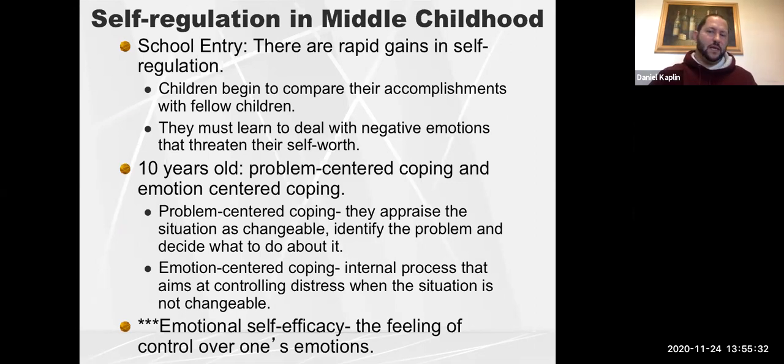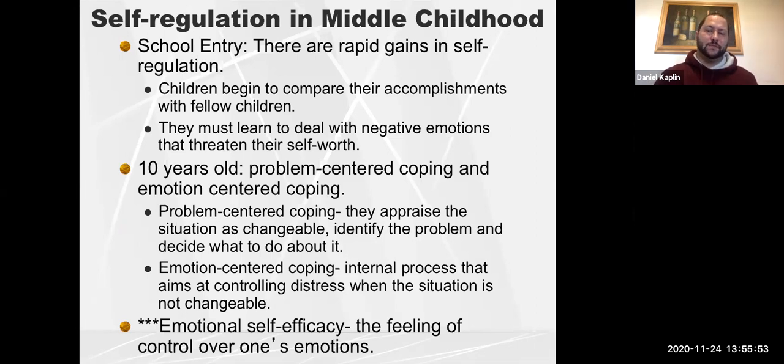So by the time they hit school age, which is 5 or 6, now they have even greater gains in self-regulation, but there are also new challenges because children start to compare their accomplishments relative to other children. So we talked about Erik Erikson and the concept of industry versus inferiority, right?